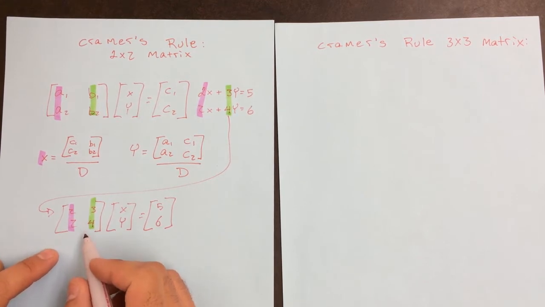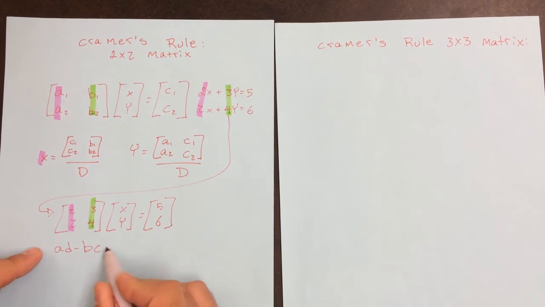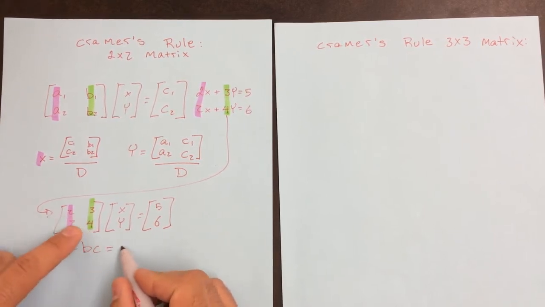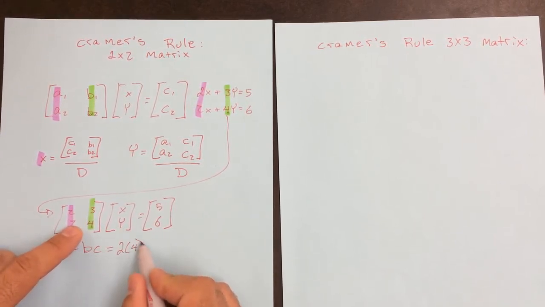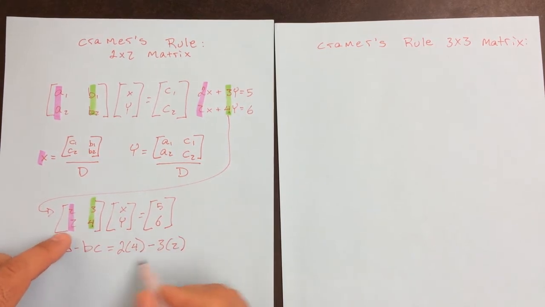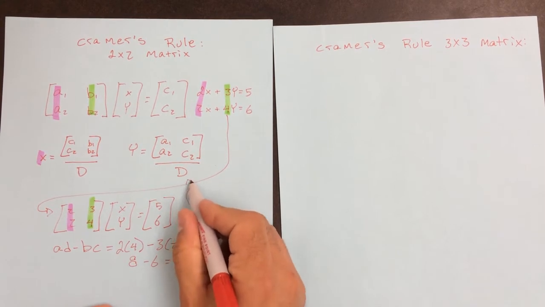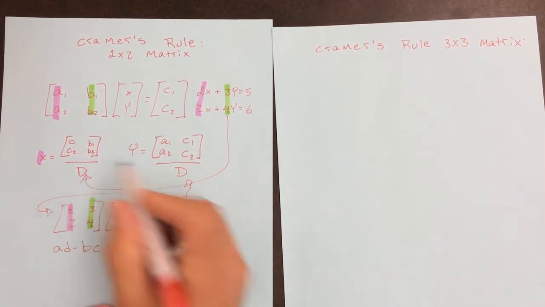The determinant, remember, is a times d minus b times c, which is 2 times 4 minus 3 times 2. This is 8 minus 6, or 2. So that's our determinant, which is going to go in here and in here.